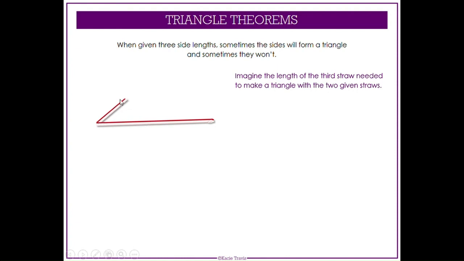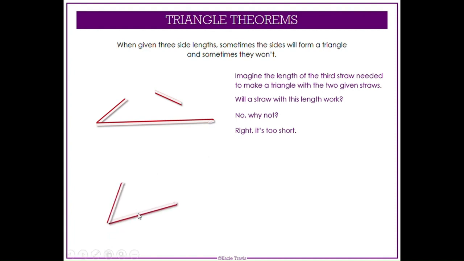This is a little bendy straw. If I make it up with another length and try to connect this, will this make a triangle? Imagine that this would have to represent this last side. Obviously, it's not going to go all the way from one corner to the other corner. Why wouldn't it? Because it's too short.